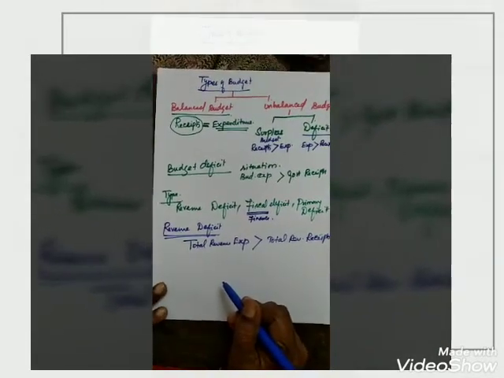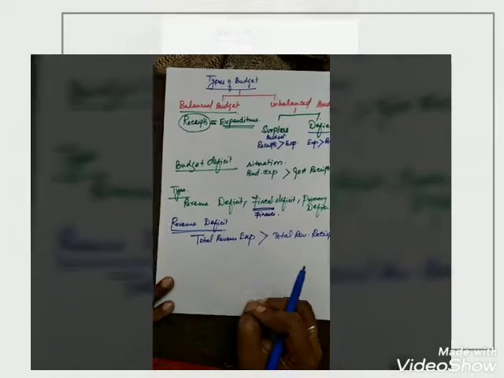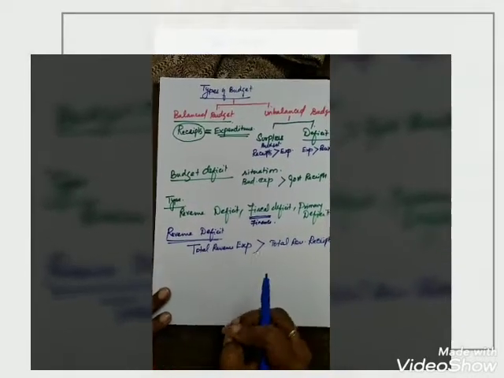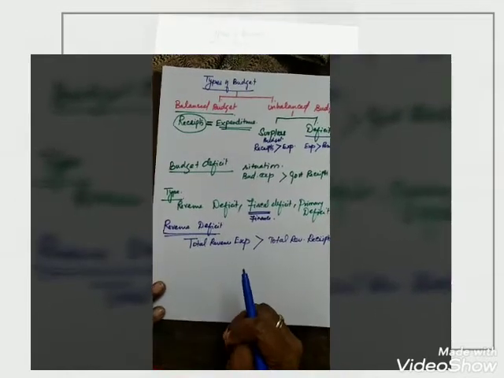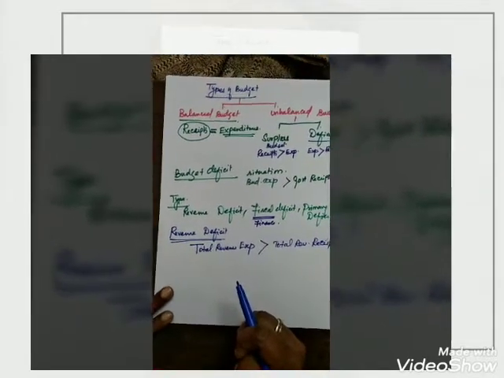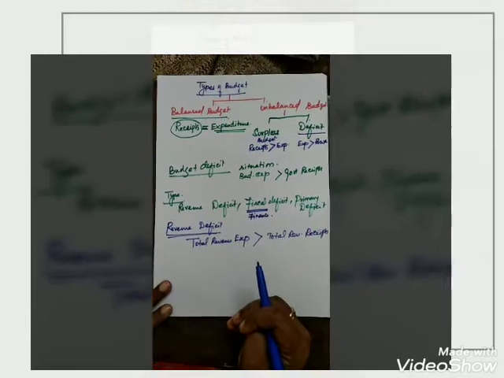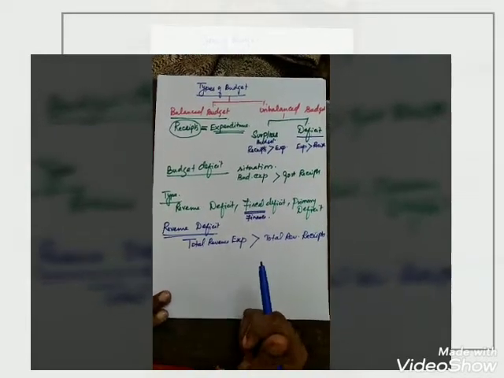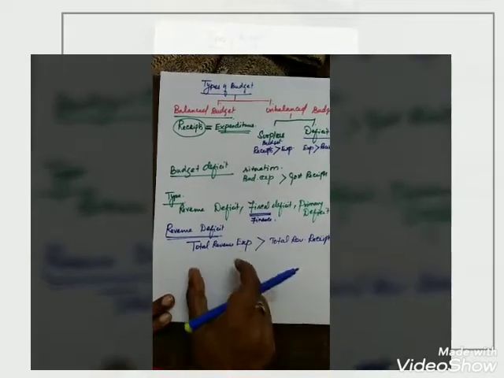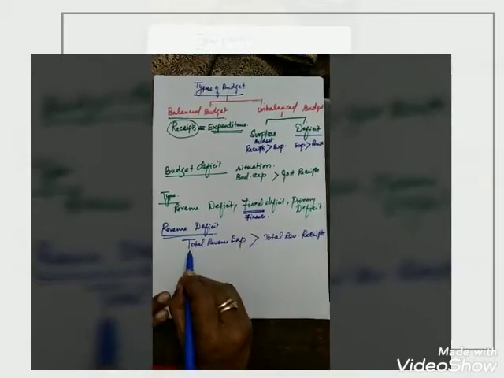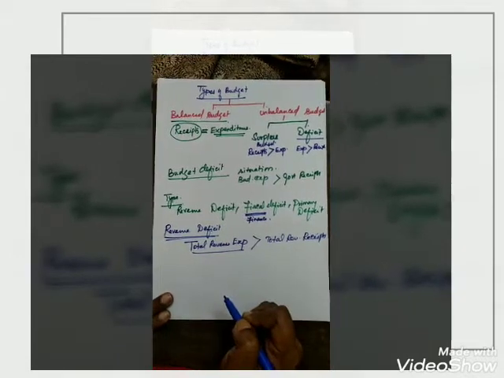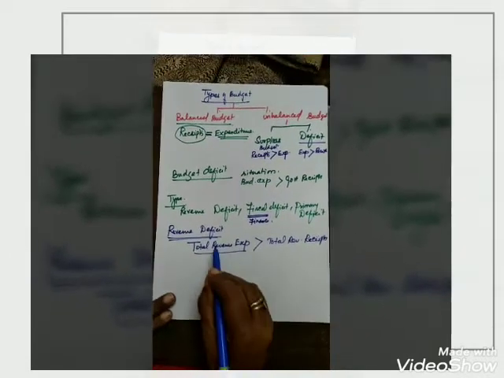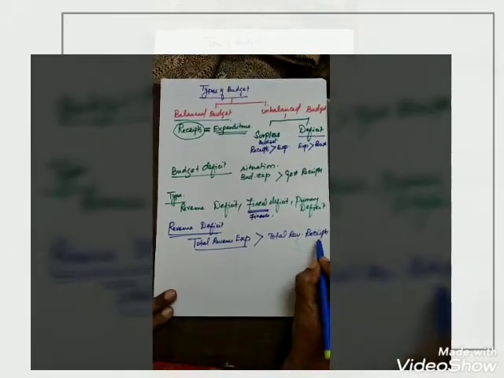Planned expenditure is spending during a five-year plan or any planned period. The next one is unplanned: government salary, defense, these types of things come under unplanned expenditure. All of these come under the total revenue expenditure, and this will be greater than the total revenue receipts.